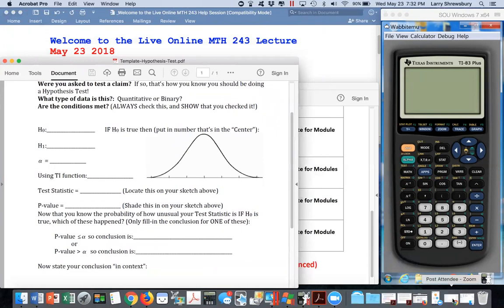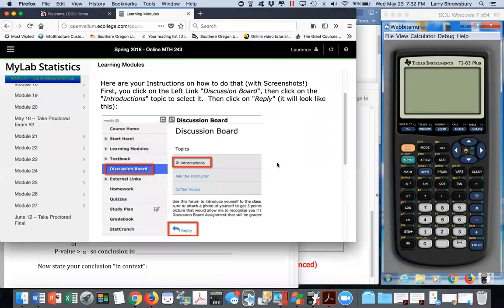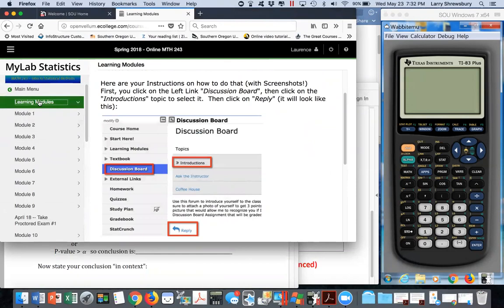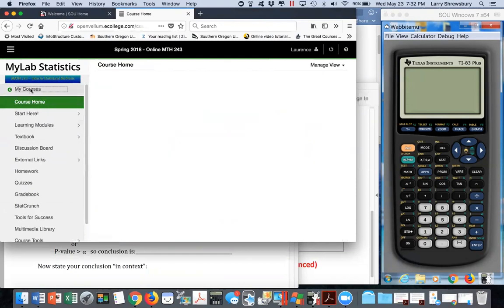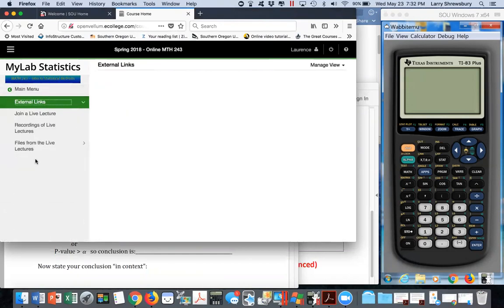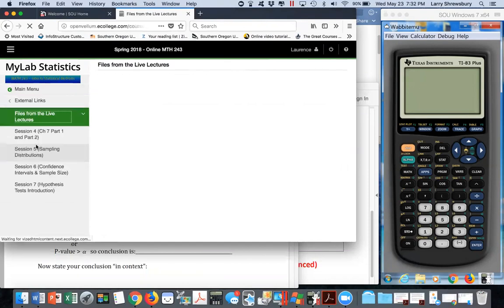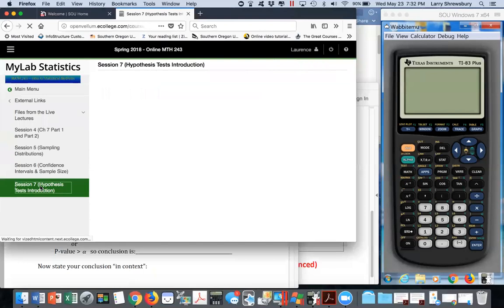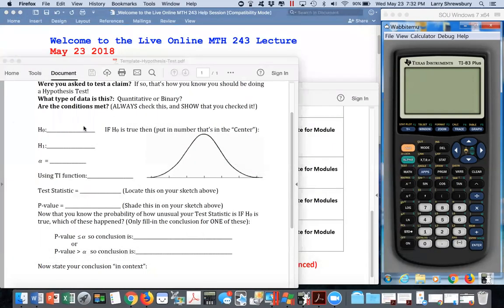Well, one possible place is if you go into my stat lab, go back to the main menu, and I go to external links, files from the live lectures, and this was the lecture for last week, and here's a template for all hypothesis tests. So this is the document we're looking at now. It just reminds you of the steps.